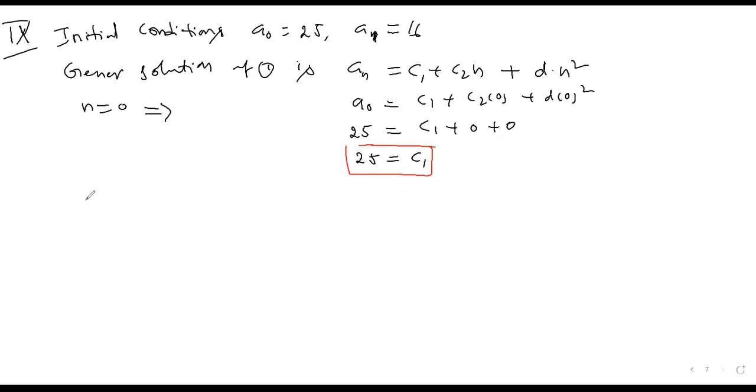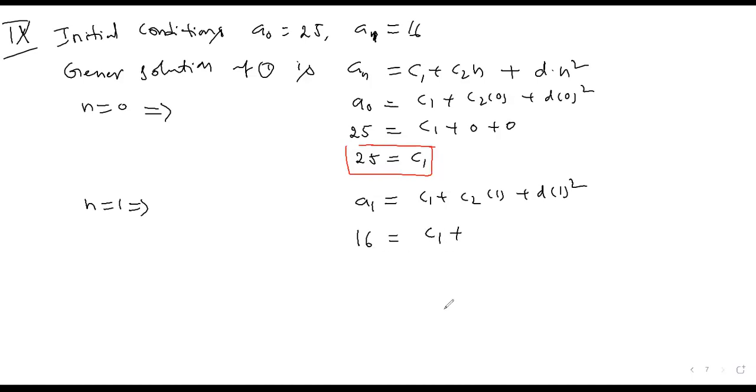Similarly, come to n equals 1. If you substitute n equals 1, a1 equals c1 plus c2 into 1 plus d into 1 square. Finally, what can we find here? a1 is already given, and a1 is 16.